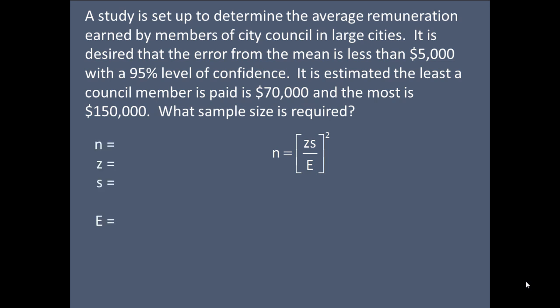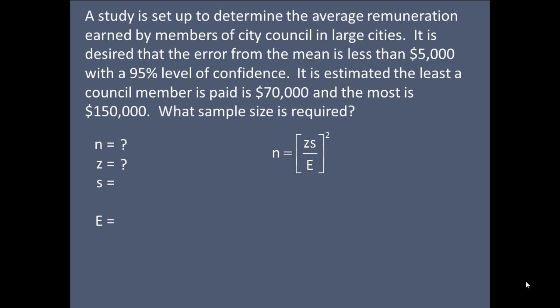So what are the bits and pieces of that formula? Well, we're trying to find n. Our z-score we'll leave for a second. We'll go look that up in the table in a minute. The standard deviation, well, we have 3 methods of finding the standard deviation. For this question, all we have is an estimate for the highest someone is paid and the lowest someone is paid.